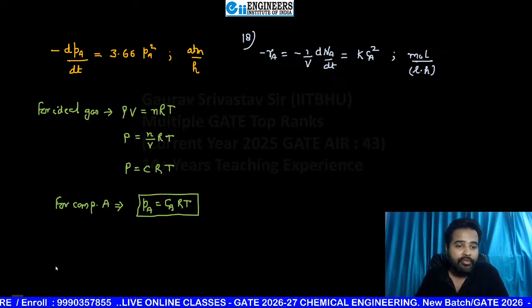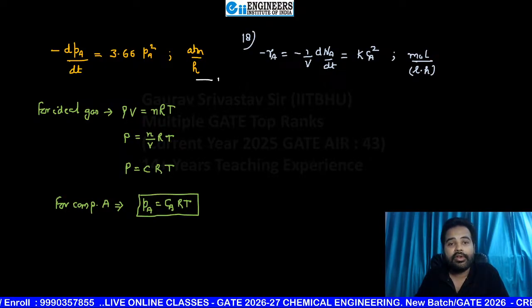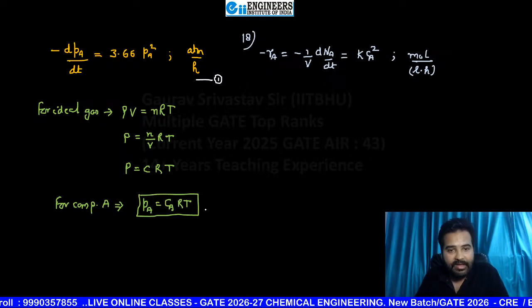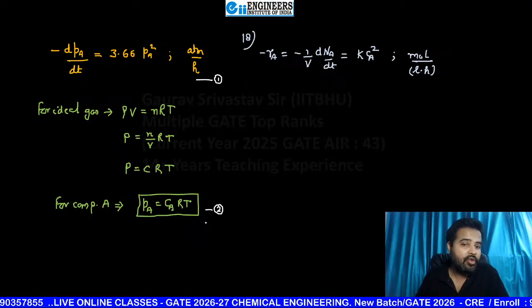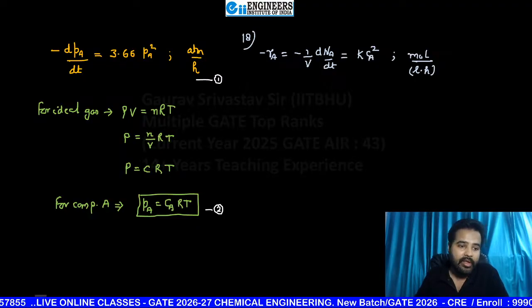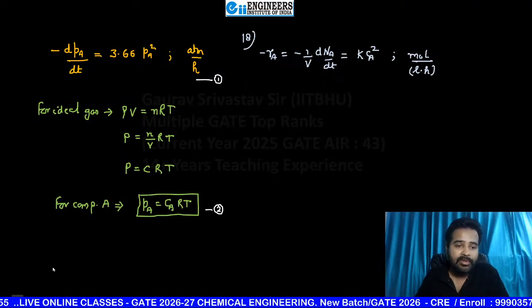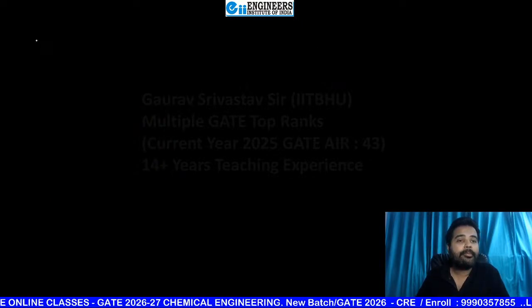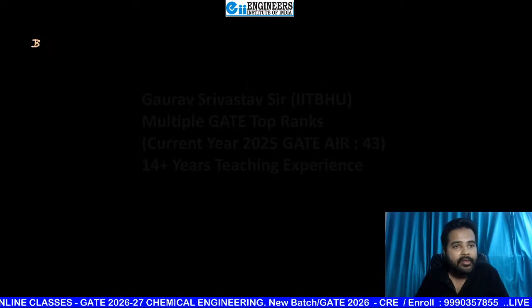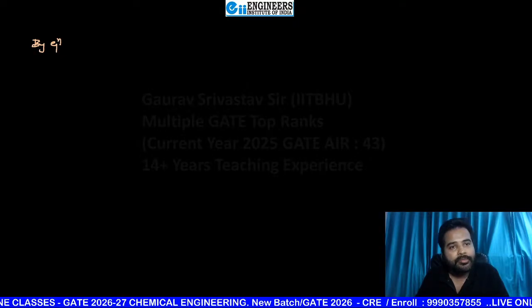So now if we assume this as our equation number 1 and this as our equation number 2, clearly now you are able to put the value of PA from equation number 2 into equation number 1. Now see what will you get? Just you have to put this, my dear students. So it will come minus by equation 2.